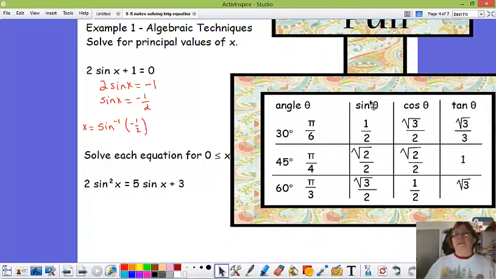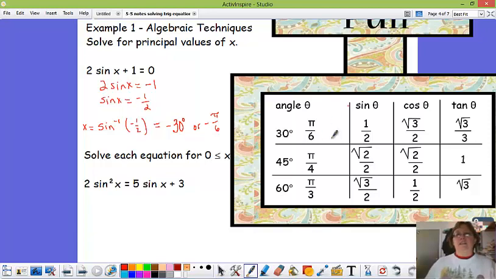If we look at that handy dandy table, sine is 1/2 at intervals of 30 degrees or pi/6. We need it to be negative, so that means we're in the 4th quadrant, and the angle there is -30 degrees or -pi/6, depending on whether the problem wants the radian or the degree measure.